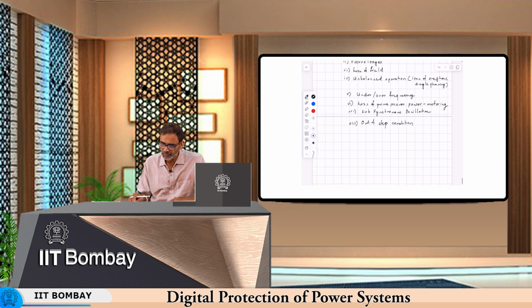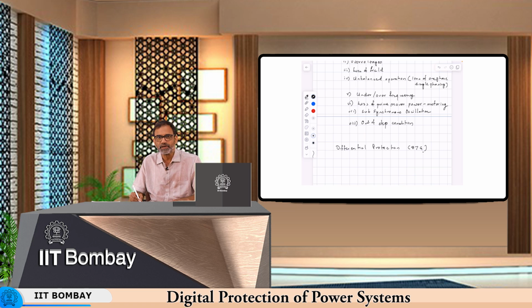Now, for medium and large generators, the first type of protection which will be provided is a differential protection. Under differential protection, it is usually known as 87G. 87 is our device number for differential relays, and G is of course for the generator.